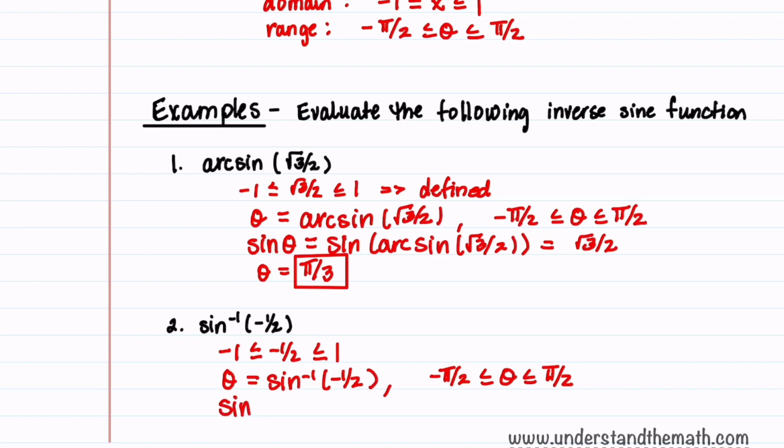So this gives us sine theta is equal to -1/2. Since theta is negative, it's going to lie in the fourth quadrant, and it's going to be equal to -pi/6. So our inverse sine of -1/2 is equal to -pi/6.